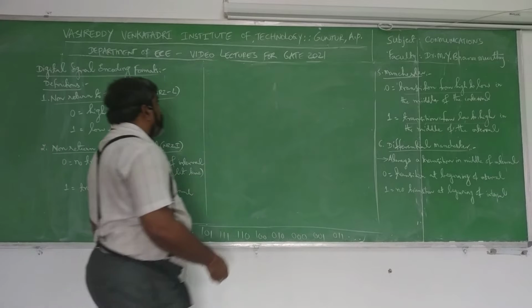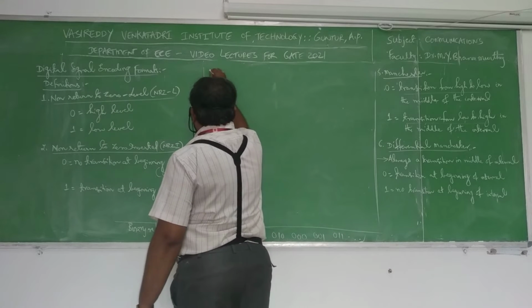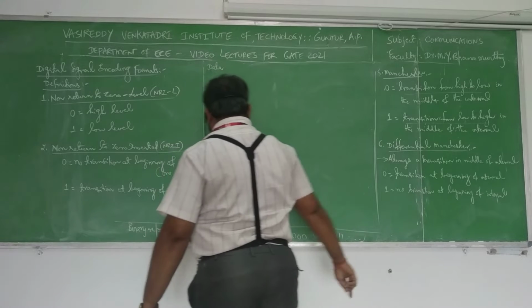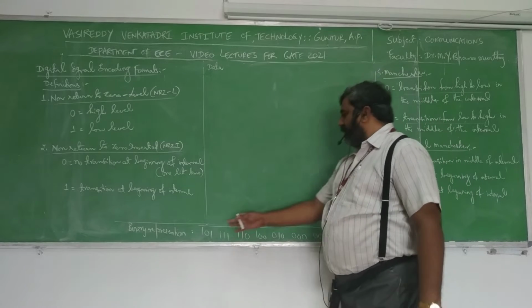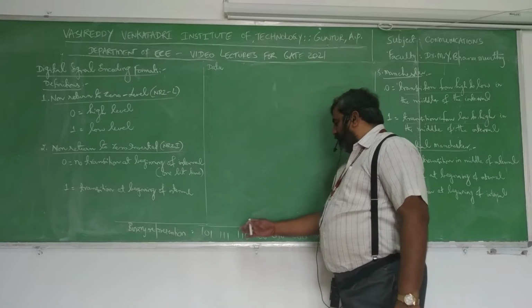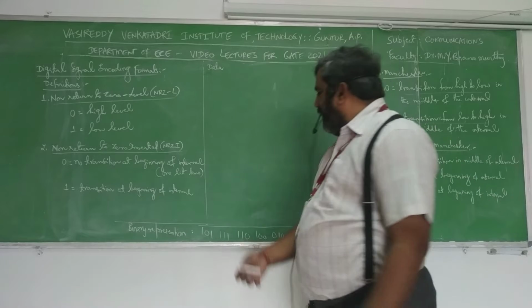So let us take an example now. The data, we will take this same thing we are going to apply earlier. So instead of considering this entire string of bits, we will take some 8 bits. Okay, right?